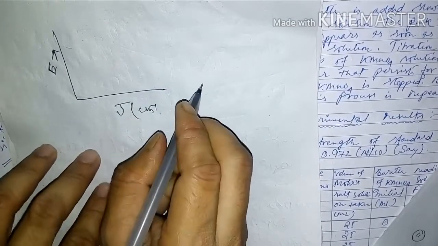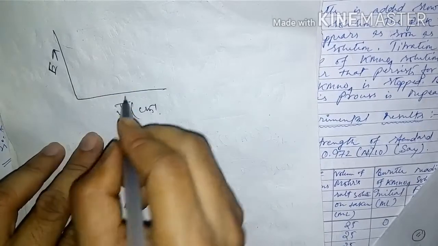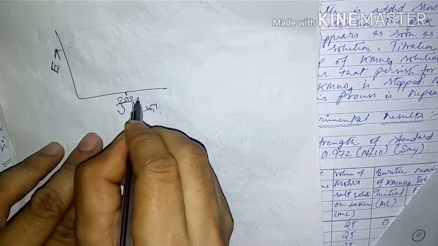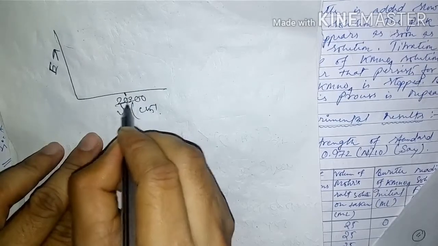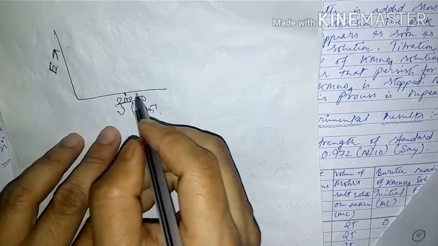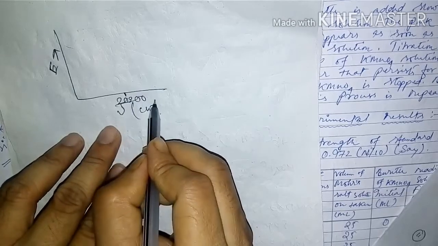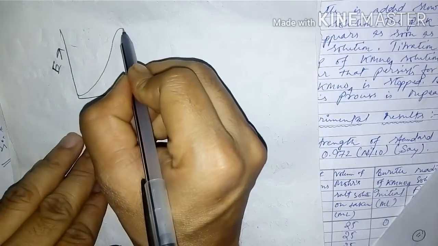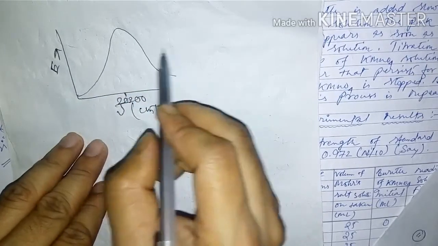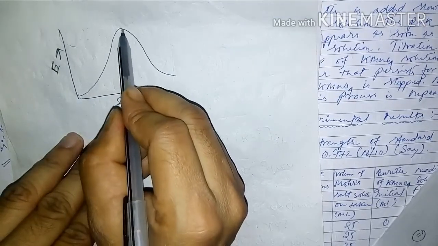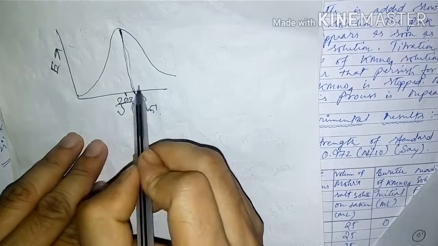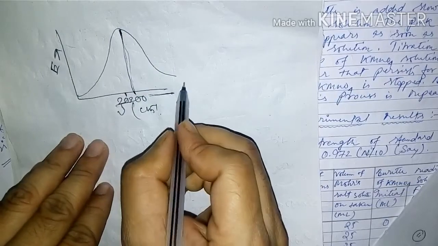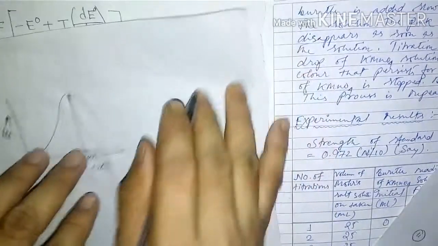You can draw one band at about 20,300, or 22,300, actually.